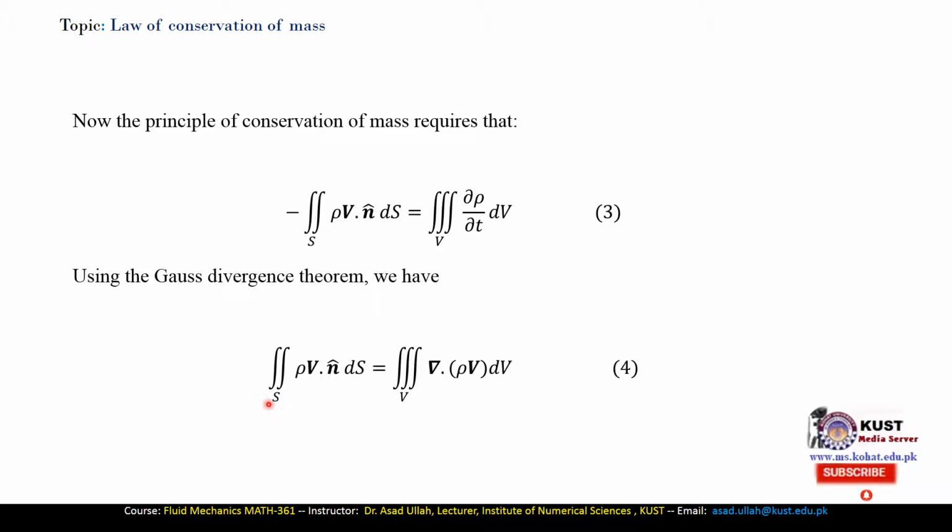The surface integral is equal to the volume integral of the divergence of the density times the vector function v. So, in equation number 3, we convert the surface integral to the volume integral by using the famous Gauss divergence theorem.